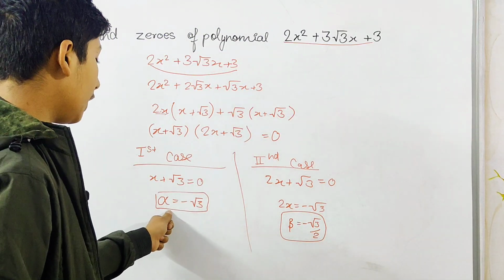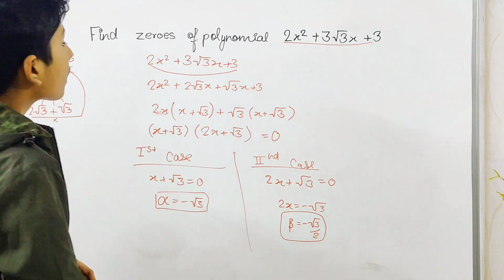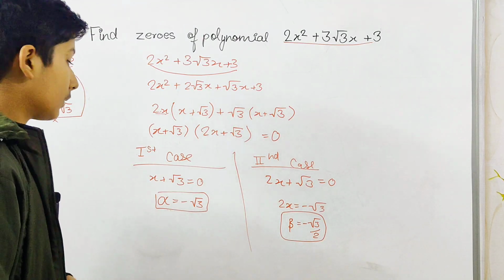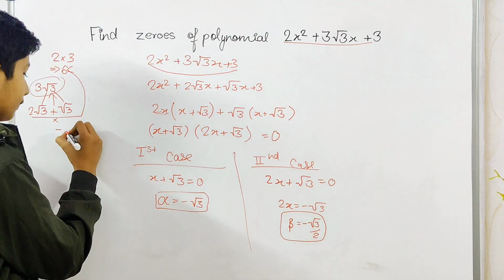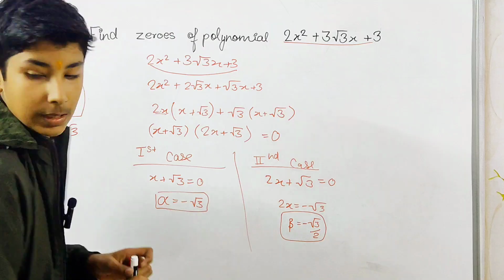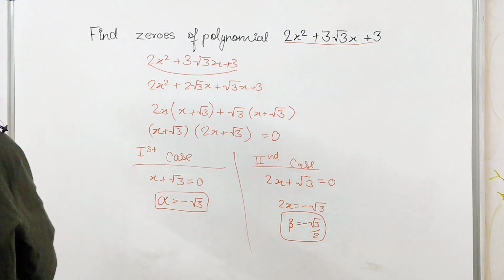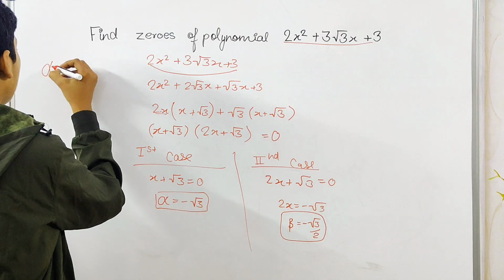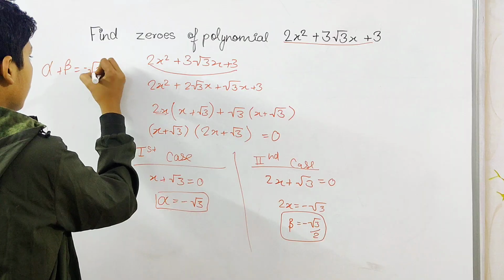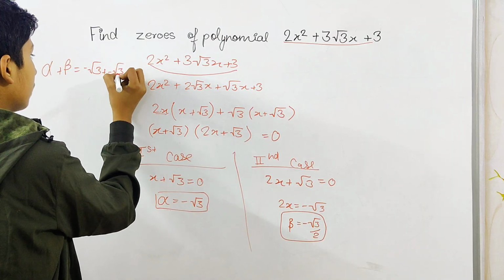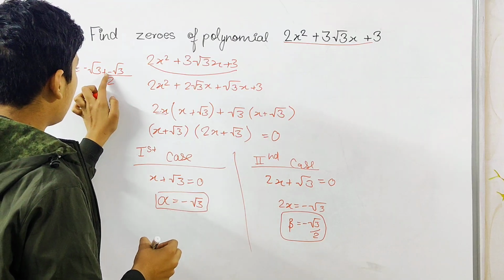Now, if we add these, it would be alpha plus beta equals minus b by a. So, let's add this. Wait, let me erase this. Alpha plus beta, which is minus root 3 plus minus root 3 by 2.